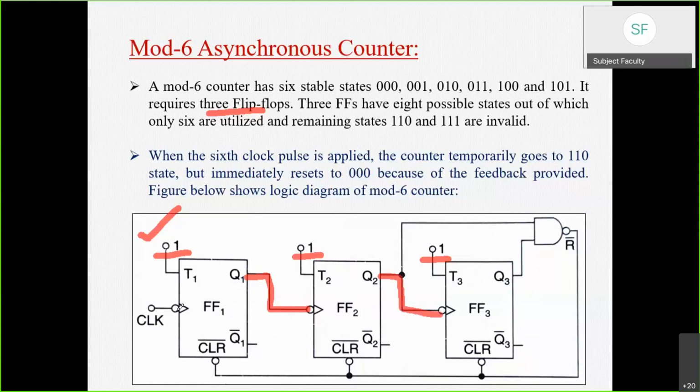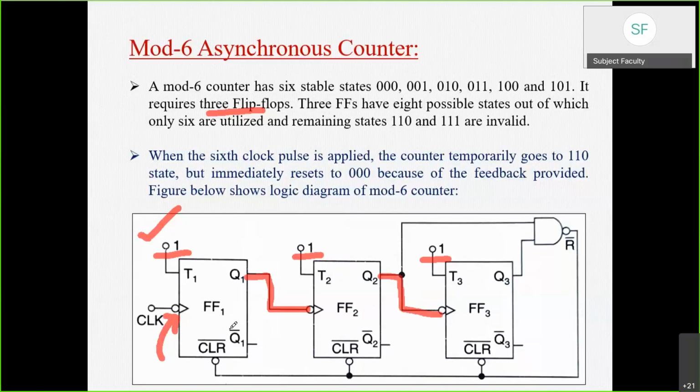Again, there is one bubble here. This bubble indicates that the clock is negative edge triggered. I am purposefully describing all the circuits we have discussed so far as negative edge triggered flip-flops.